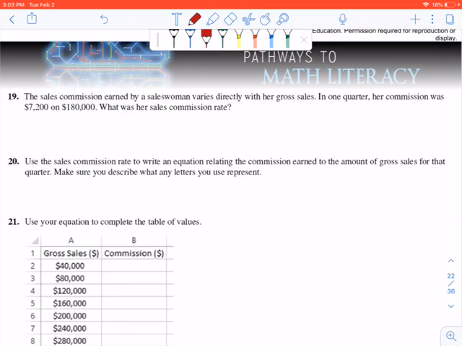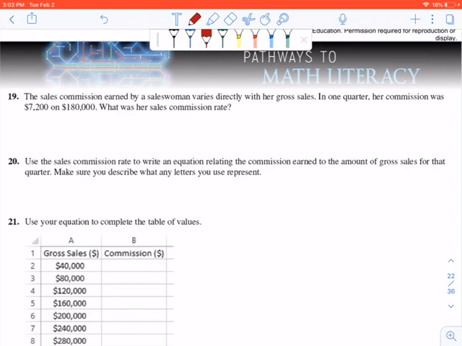All right, so number 19, it says the sales commission earned by a saleswoman varies directly with her gross sales. In 1 quarter, her commission was $7,200 on an $180,000 sale. Okay, so she sold $180,000. Her commission was $7,200. We want to figure out what's her rate.